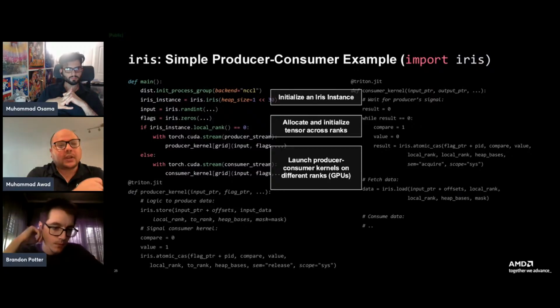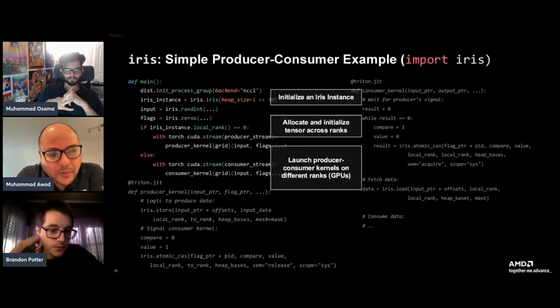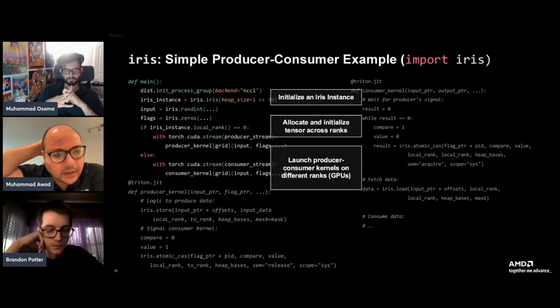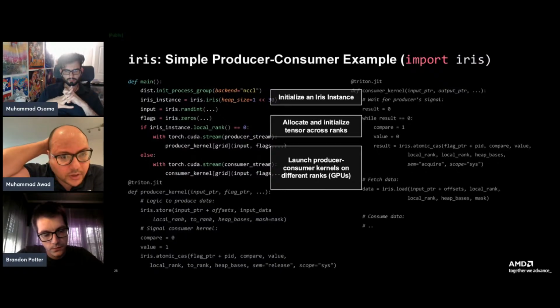The most important thing I want to mention before moving forward is that once you allocate a tensor on the symmetric heap, you have to be careful about doing operations on that tensor that would return a new tensor. You have to always use in-place operations, because if Torch decides to reallocate the tensor, it's going to be outside of the symmetric heap, and then you cannot do any RMA operations on it because we cannot do an address translation.